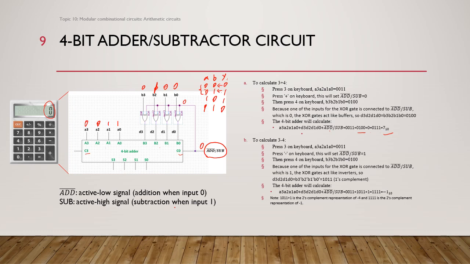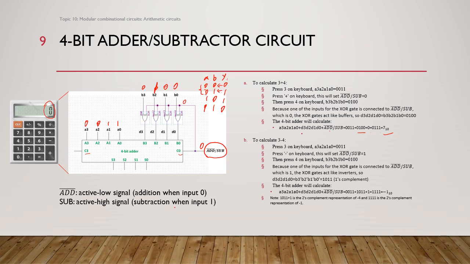Now this time, it will set the adder/sub input to be 1, because we are doing a subtraction. In our mind, we are doing subtraction. In the computer system, it's doing addition. But we don't know. In our mind, we still follow our logic, so we are thinking we are doing a minus there.